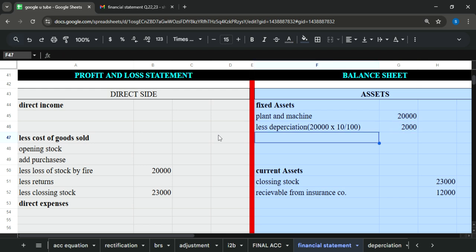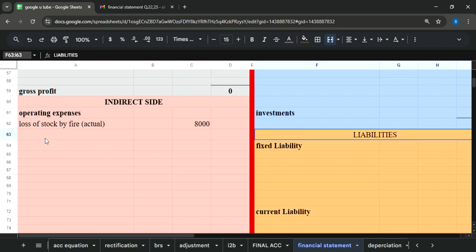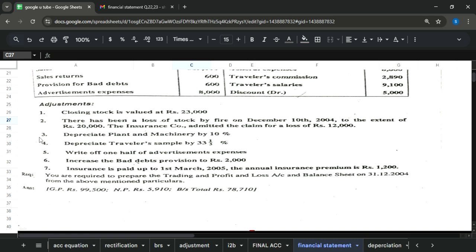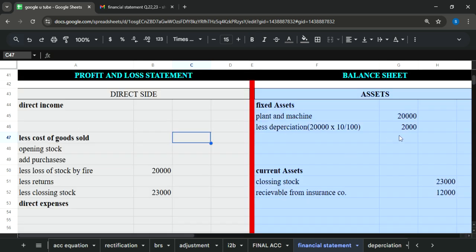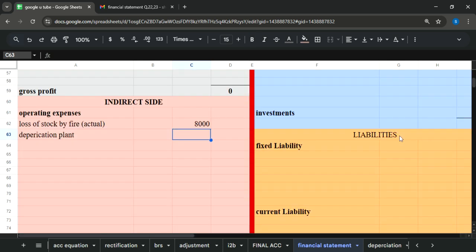First effect is completed, so you will go to operating expenses and here you will mention depreciation of plant, and you have calculated it as 2000. Just mention 2000 over here.